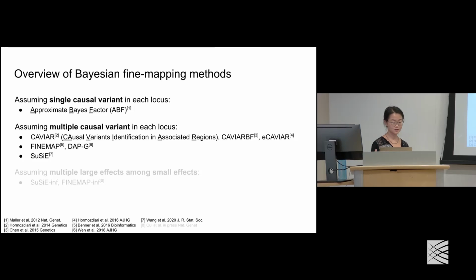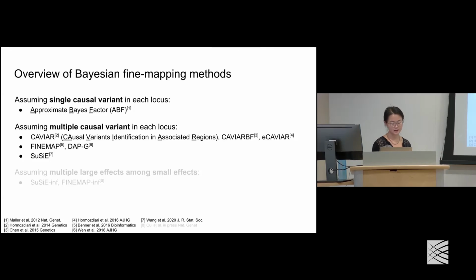The idea was basically to restrict to a set of prioritized configurations to compute the Bayes factors for, in order to normalize the Bayes factors into PIPs. The way FINEMAP does it is through a stochastic search algorithm. It's very efficient, and it can allow up to about 10 or even more, really. You just need to spend more time computing 10 causal variants per locus, and DAP-G does a deterministic approach.